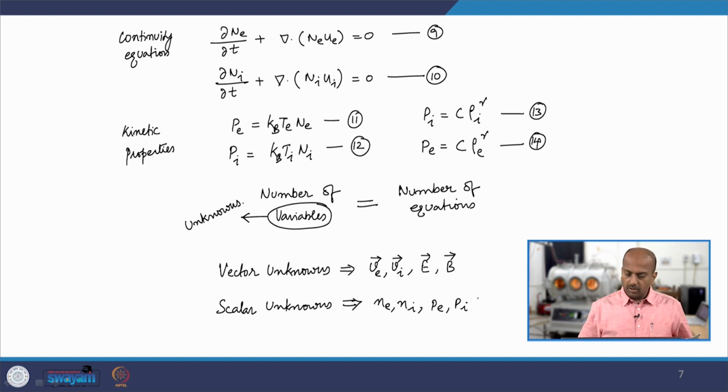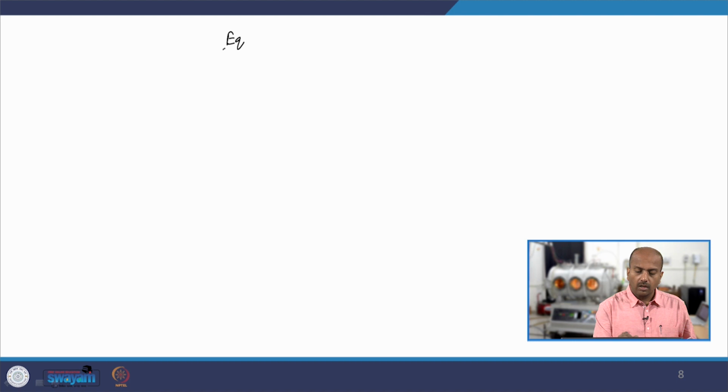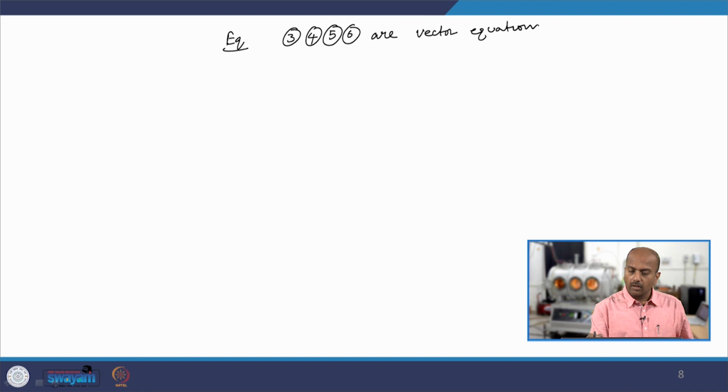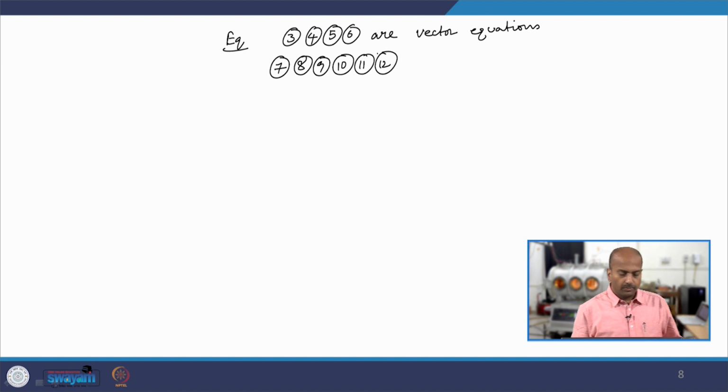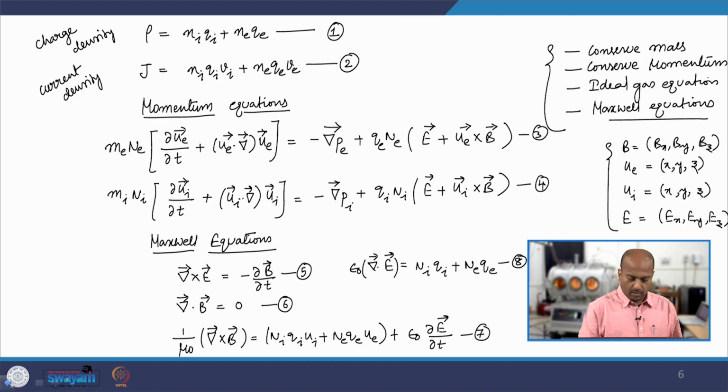Equation numbers 3, 4, 5, 6 are vector equations, and 7, 8, 9, 10, 11, 12, 13, 14 are scalar equations.